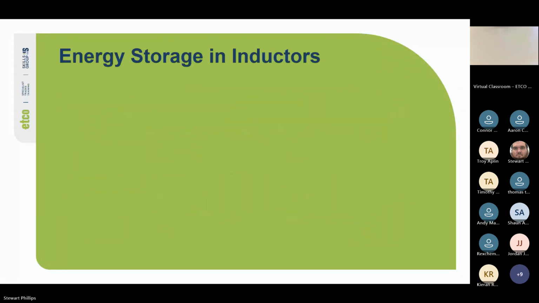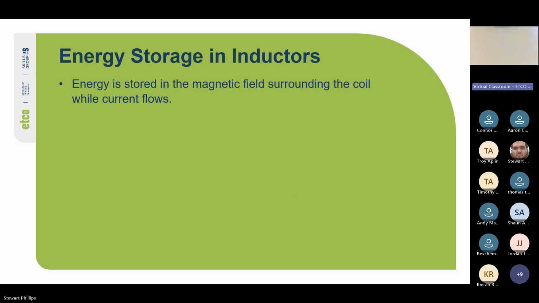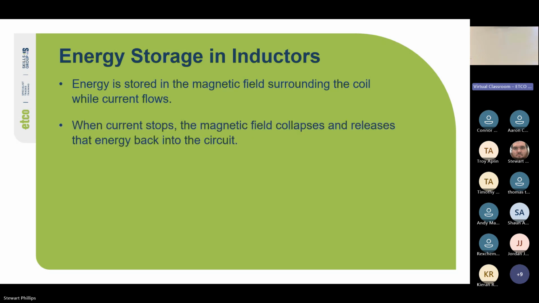Cool. So, energy storage in inductors. Energy is stored in the magnetic field surrounding the coil while the current is flowing. It only has the magnetic field while current is flowing through the inductor, and that's how it stores energy. When we stop the current, the magnetic field collapses and releases the energy back into the circuit.